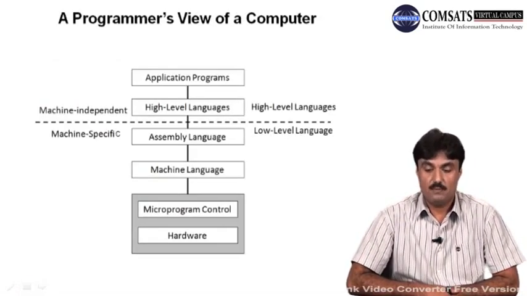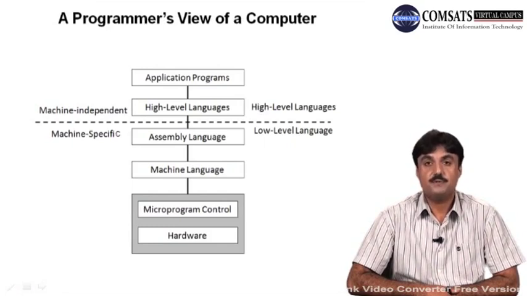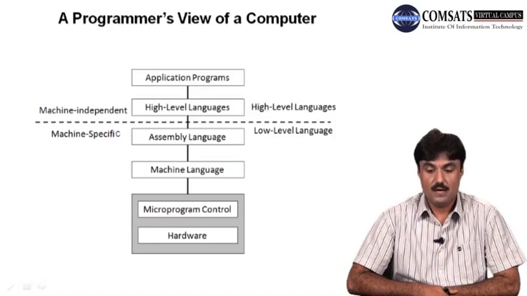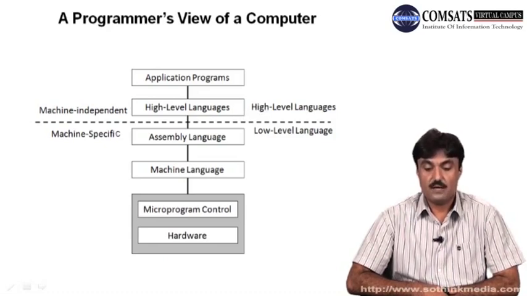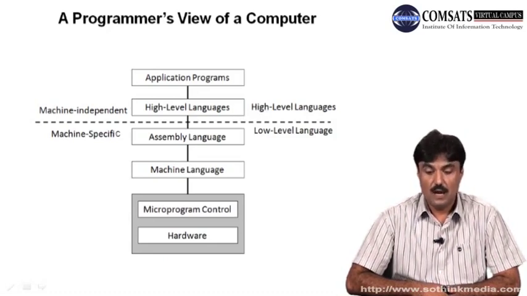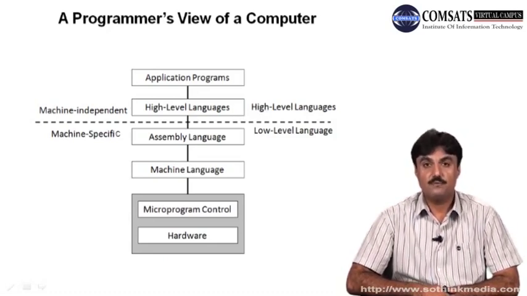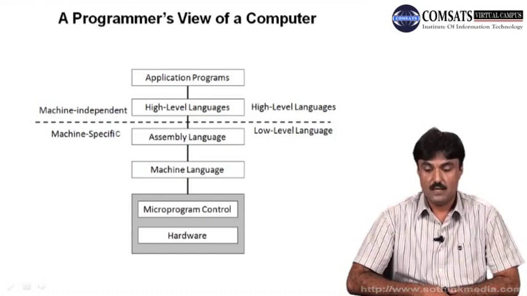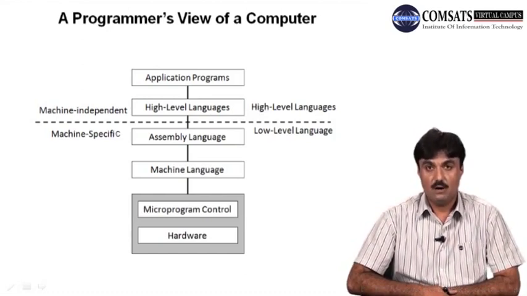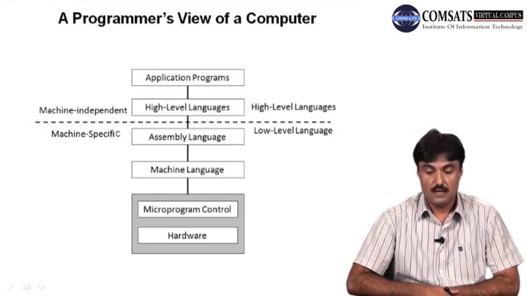How does a programmer view a computer? So a programmer views a computer as, first, we have application programs, then we have high-level languages, and all these application programs are written in high-level languages, and these high-level languages are translated into the next category, which is called assembly language.